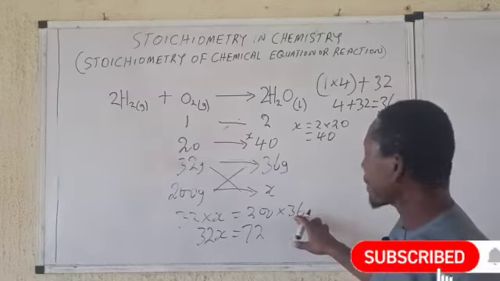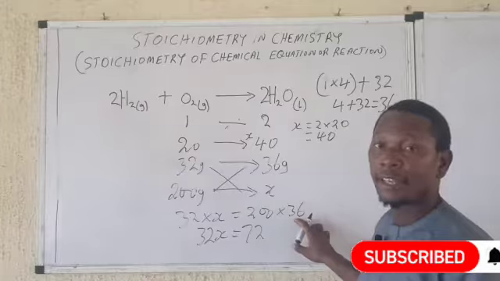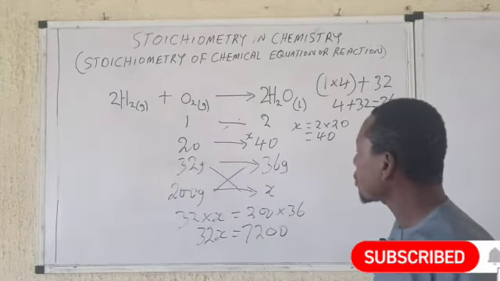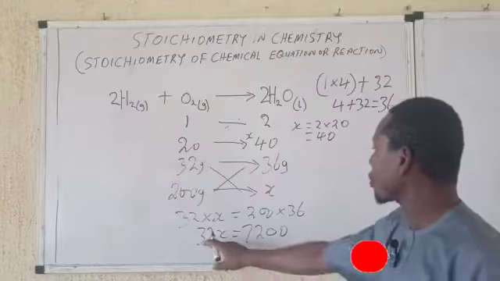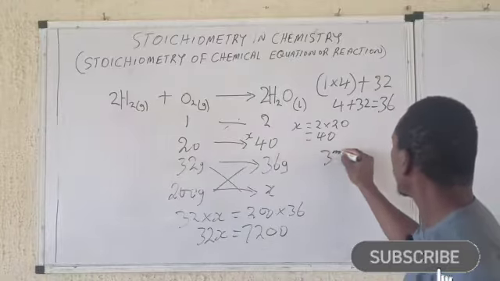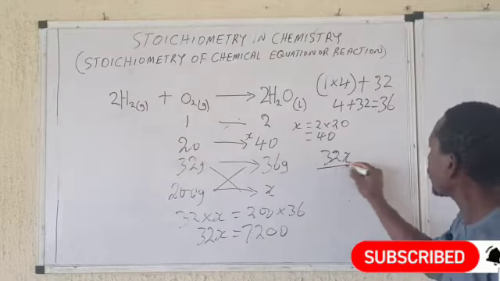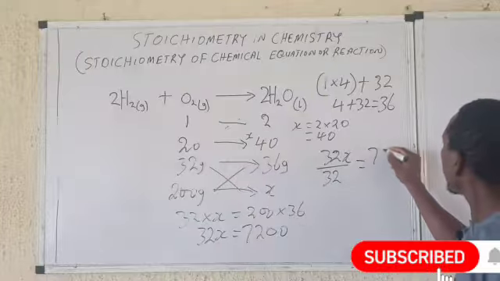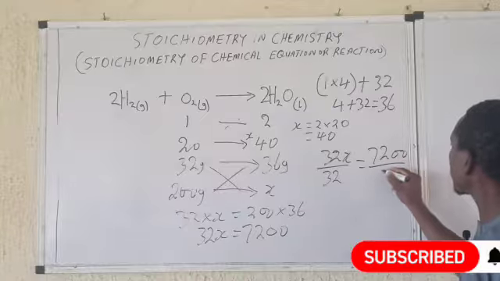If you use 2 to multiply this, you actually have 72, then add the 00 to it. How do you get your answer? Just divide both sides by what? 32. So now I have 32x all over 32 is equal to 7200 all over what?